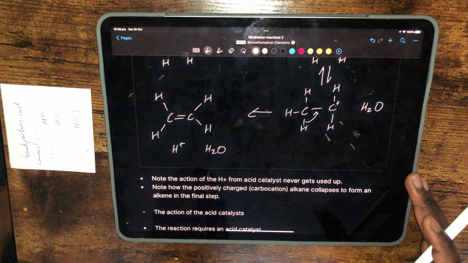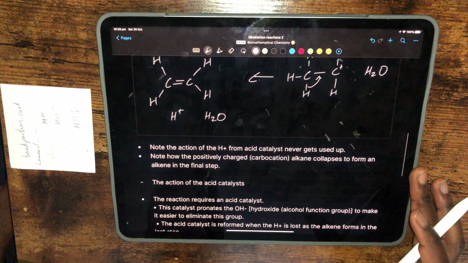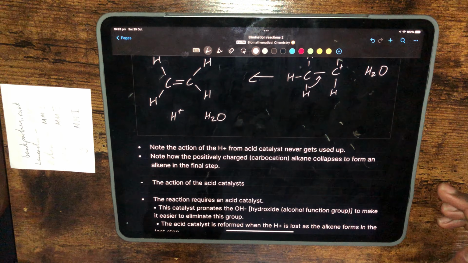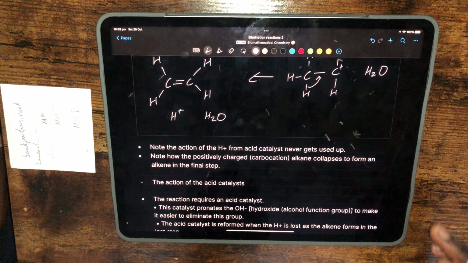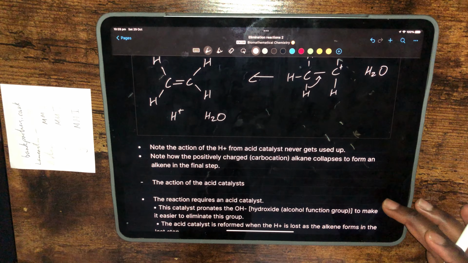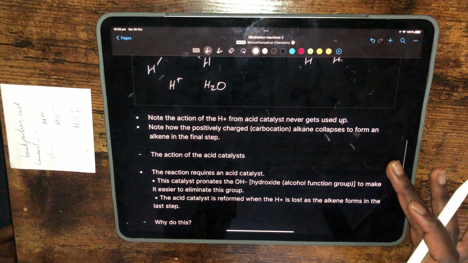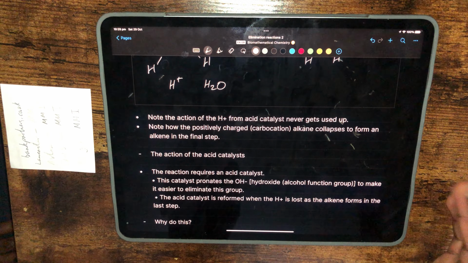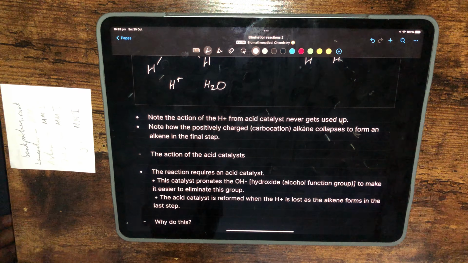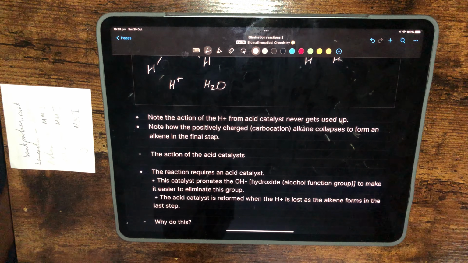Note that the H+ from the acid catalyst never gets used up, and note how the positively charged carbocation collapses to form an alkene in the final step. The reaction requires an acid catalyst, which protonates the OH, the alcohol functional group, to make it easier to eliminate this group.